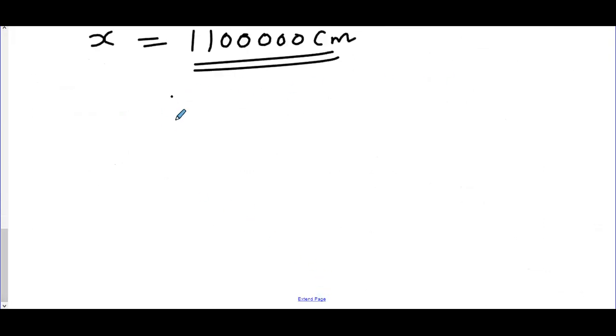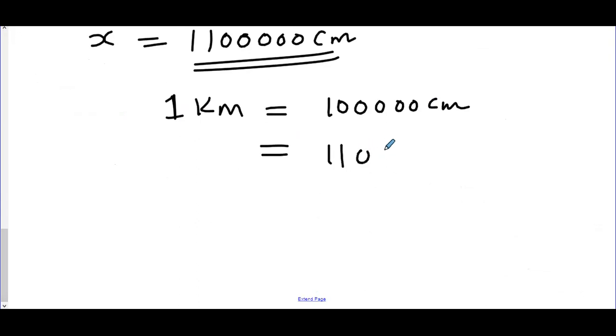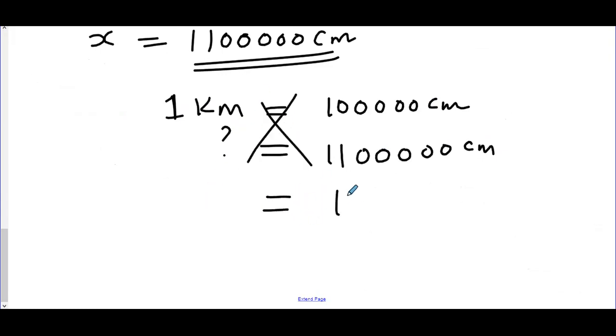From King Henry Daughter, we know that 1 kilometer equals 100,000 centimeters. How about 1,100,000 centimeters, how many kilometers will it equal? Cross multiply. So this number times 1, then the answer you get divided by 100,000.